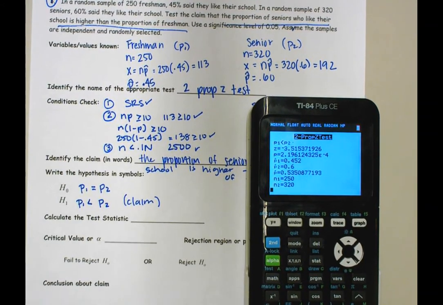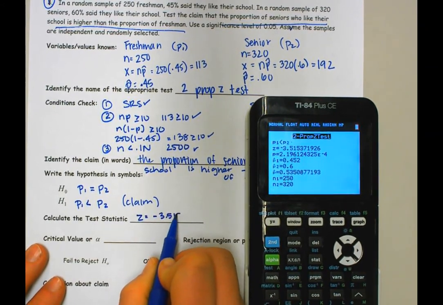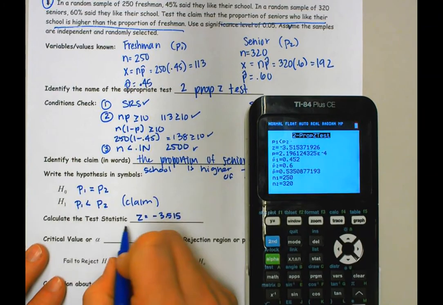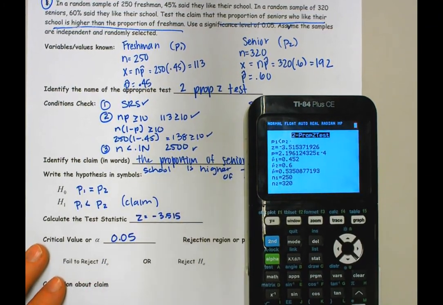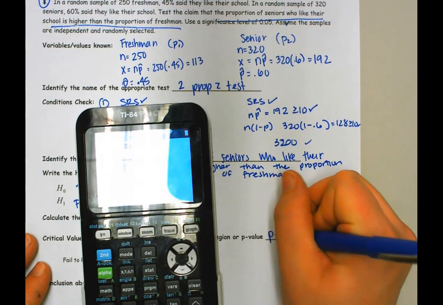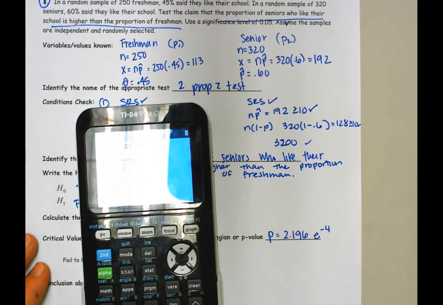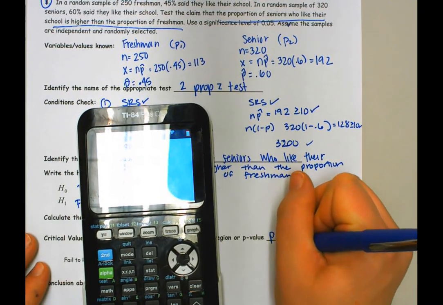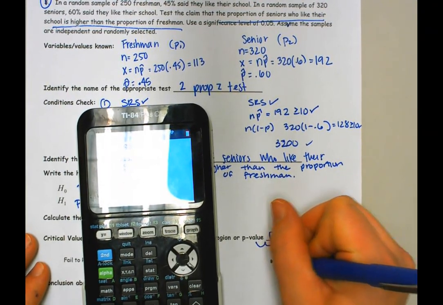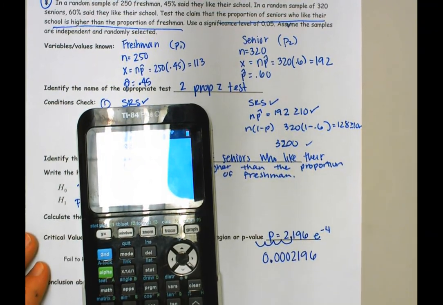So we get our z-score to be negative 3.515. We tested against a significance level of 0.05. And the p-value that we get is 2.196 e to the negative 4, which means we're moving this decimal 4 places to the left, so this is really 3 zeros in front.